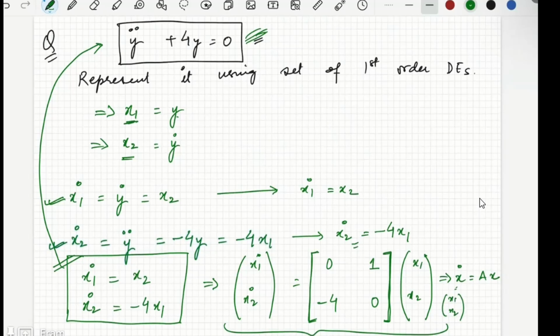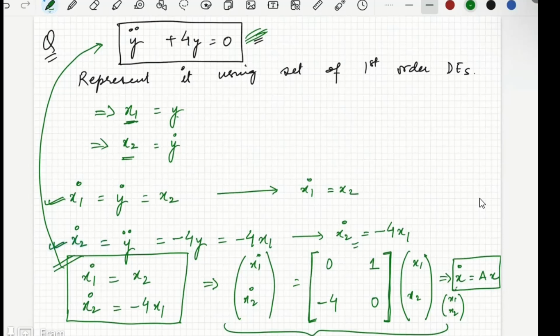So this is how any differential equation can be represented using a set of first order differential equations. And this is the core of control systems, because if you see the linear systems theory, you will see that always we represent a system using the form x dot equals to Ax.